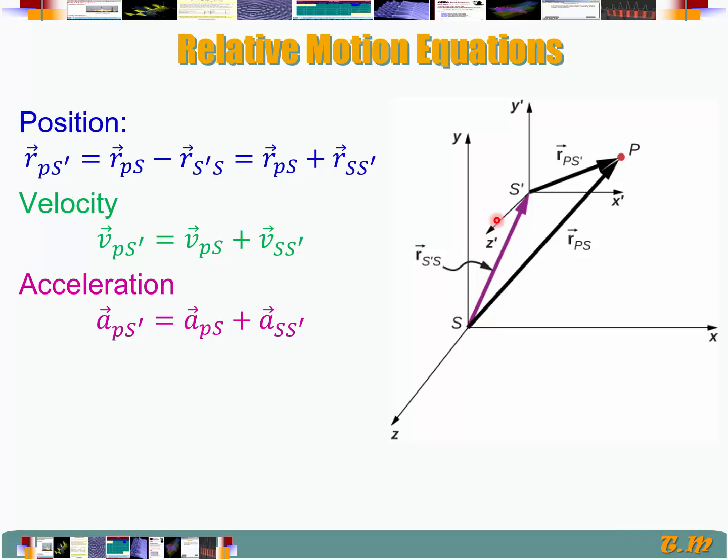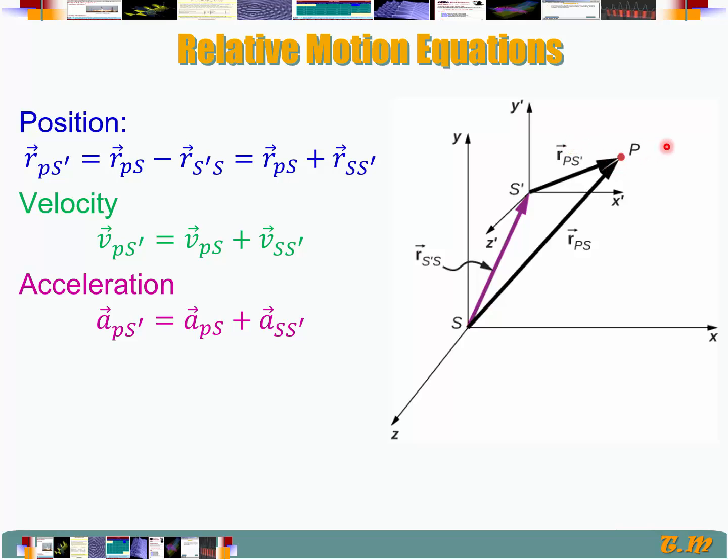We have the purple vector. At the tip of the purple vector, we have RPS prime. And then we join the tail of the purple vector to the tip of RPS prime. So that tells us RPS is equal to RS prime S plus RPS prime.